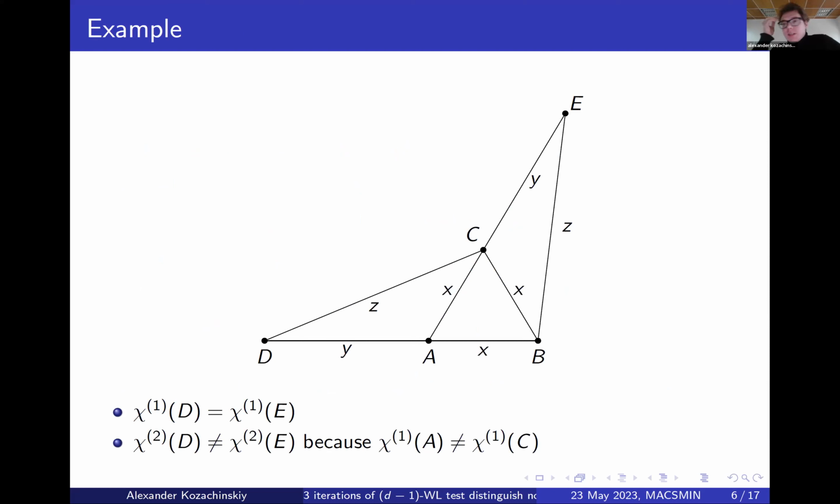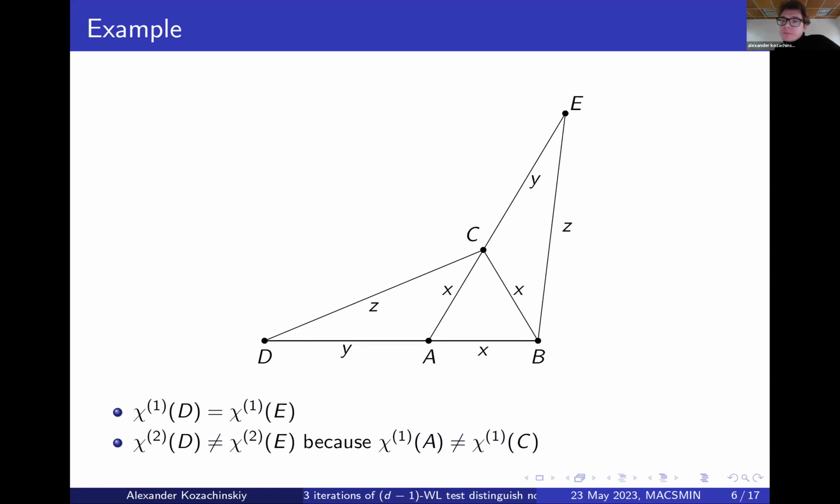Okay, I have another example just to understand the iterations. After the first iteration, every point is assigned the multiset of distances to the points in the set.